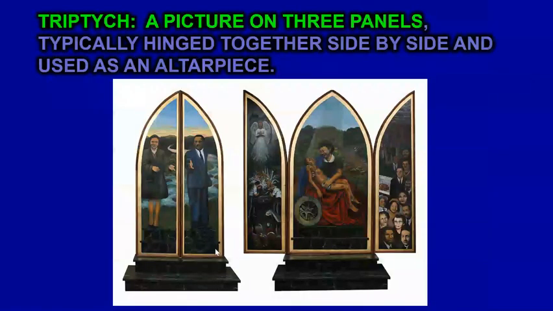All right, I'm going to teach you a couple new words. One is a triptych. In this image right here, you can see that the painting is closed on the left and open on the right.